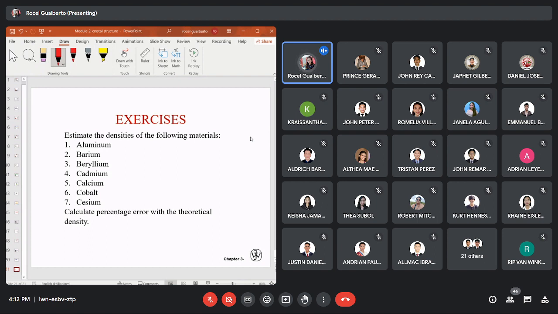For these exercises, maliwanag po ba yung aking sinabi? Yes po. So I'll give you po time for you to answer these exercises today. And then later po, I will call out again for a meet to start with a new module, if you are done na po.